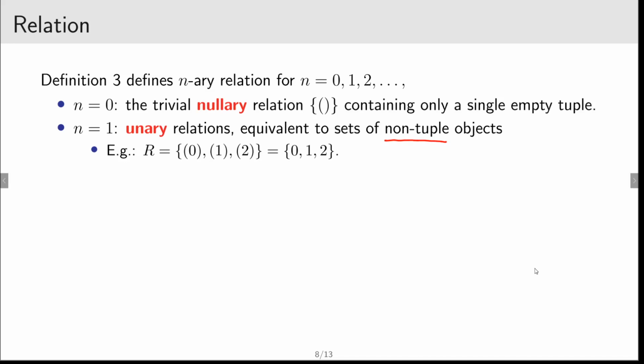So an example of that would be the relation R that contains one tuple that contains an integer 0, one tuple that contains an integer 1, and one tuple that contains an integer 2. So you have 3 one tuples, and omitting the parenthesis gives you simply a set containing 0, 1, and 2.